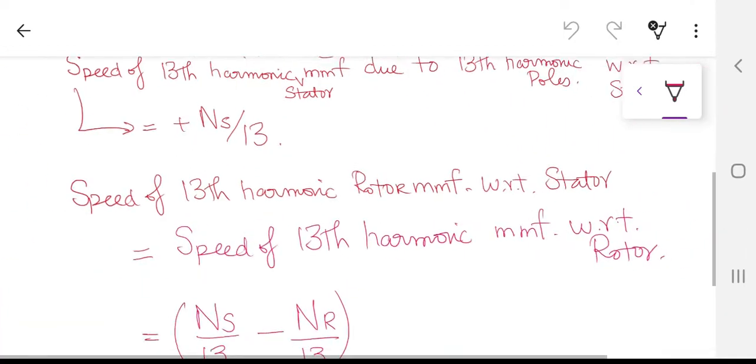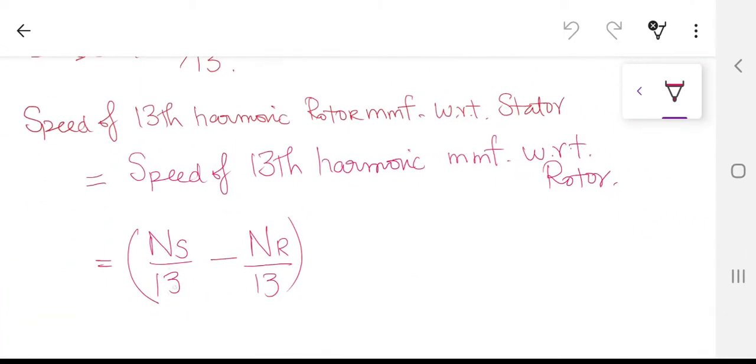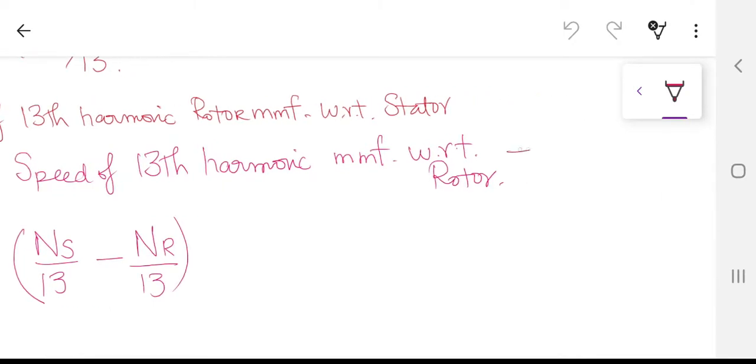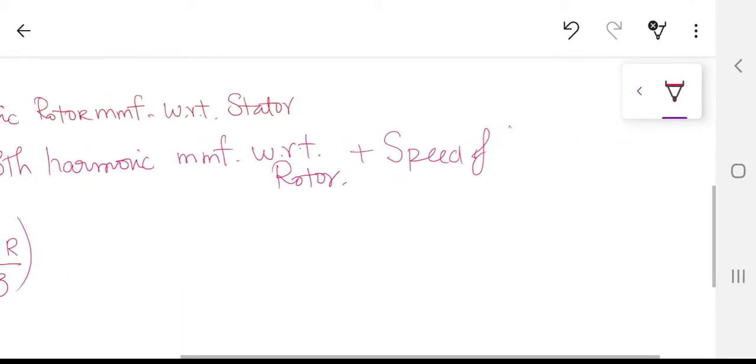So this expression is ns by 13 minus nr by 13, and the next thing is going to be the speed of rotor with respect to stator.